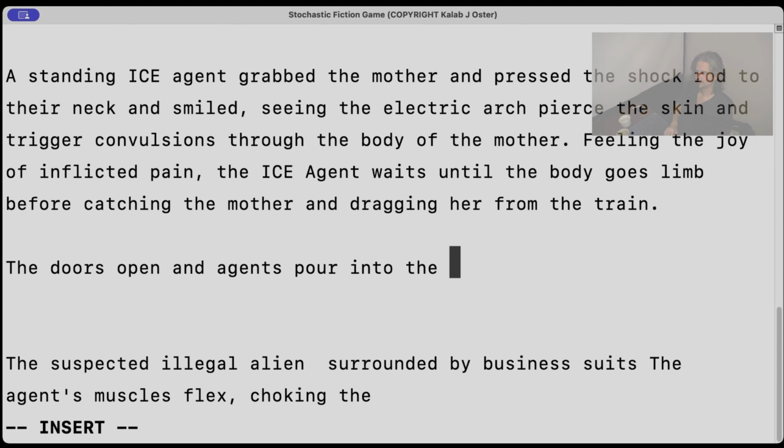A standing ICE agent grabbed the mother and pressed the shock rod to their neck and smiled, seeing the electric arc pierce the skin and trigger convulsions through the body of the mother. Feeling the joy of inflicting pain, the ICE agent waited until the body went limp.